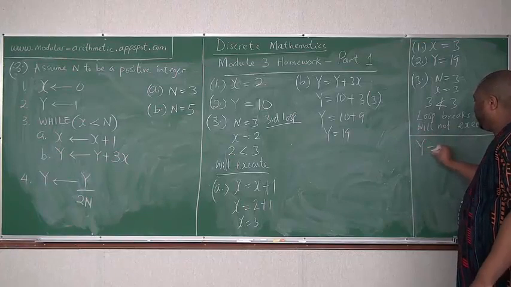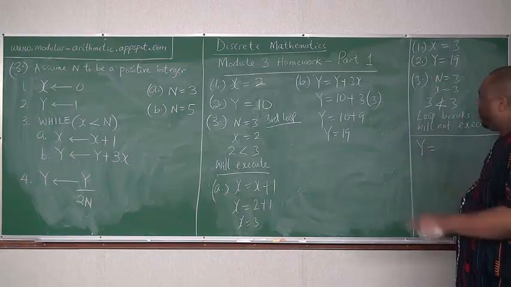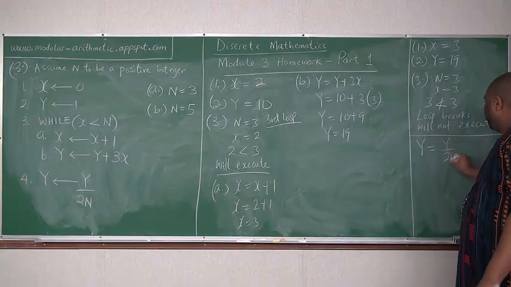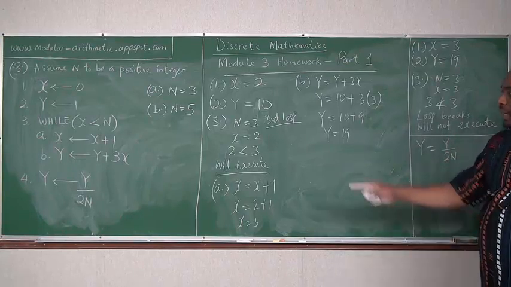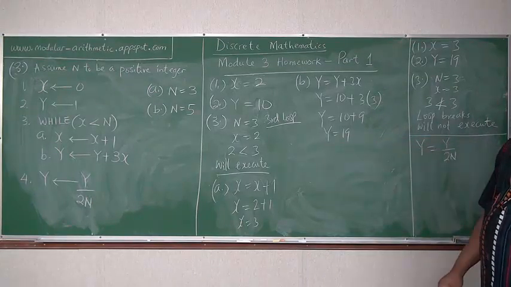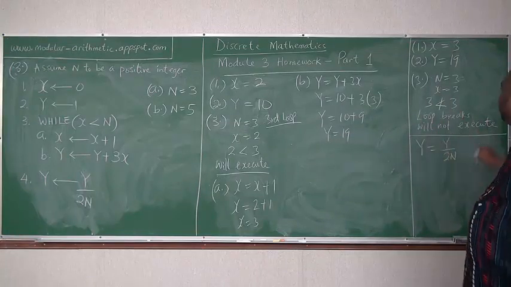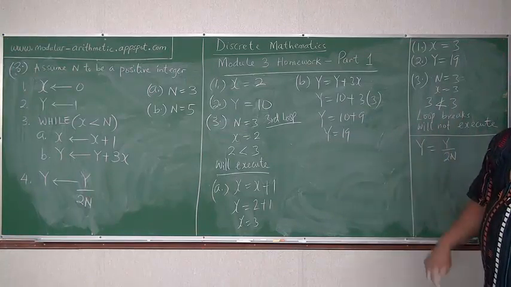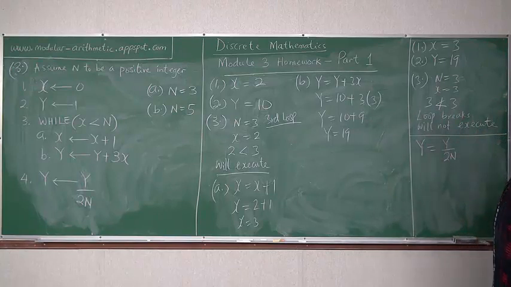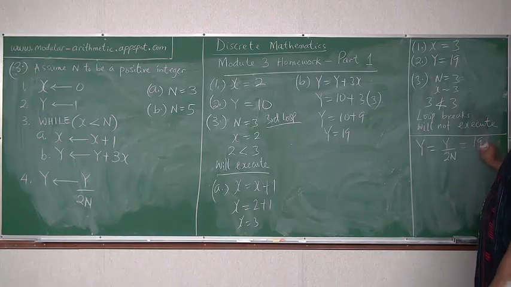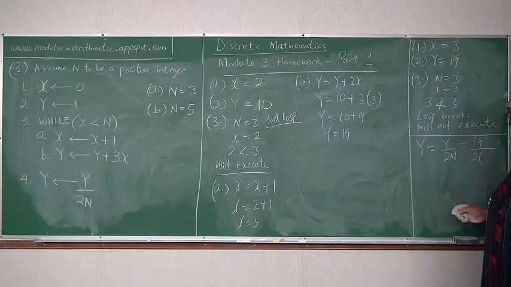Our y is y over 2n, whatever our y is, all over 2n. That's the number 4. It will keep looping until it doesn't execute anymore, then you go to number 4. And then y is 19 over 2 times n, 2 times 3.